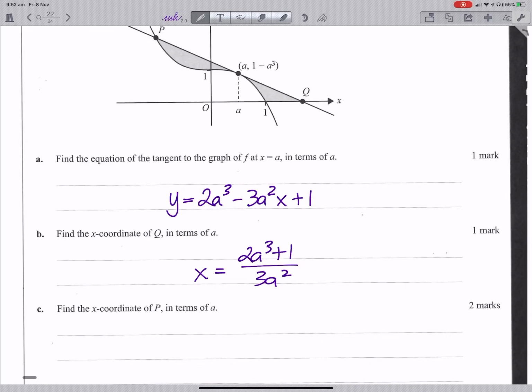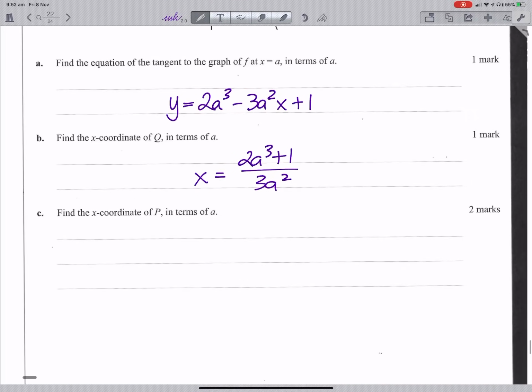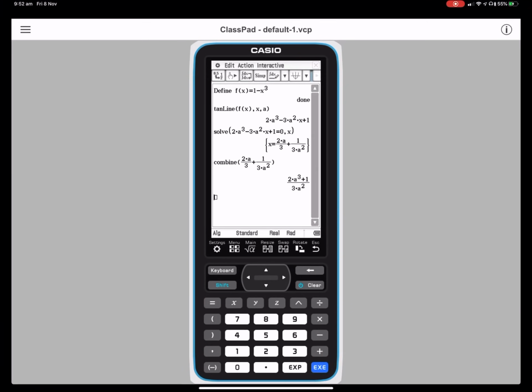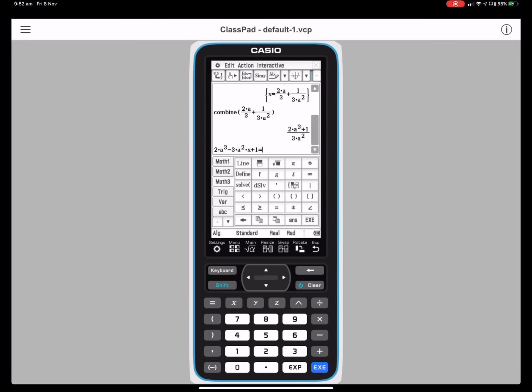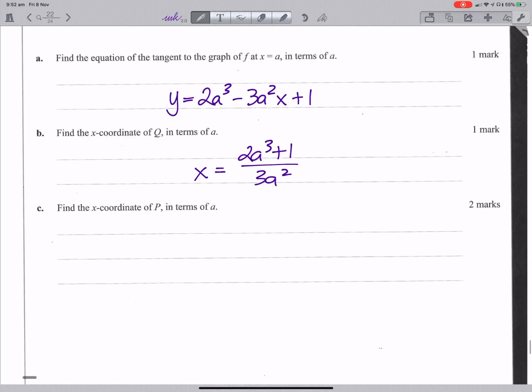Find the coordinate of P in terms of A. So where does that tangent intersect f of x? So P, we'll say 2a cubed minus 3a squared x plus 1 equals f of x.